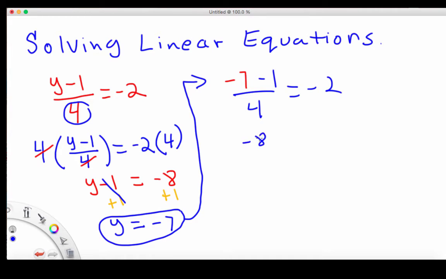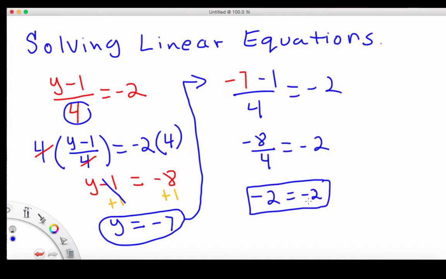It's -8 over 4 equals -2. I'm hoping that -8 divided by 4 equals -2, because if it does, that's the same thing as the right side of the equation, and it's telling me yes, it is a solution. So -8 divided by 4 is -2, equals -2. Yes, it is. Some of the work in the Pearson textbook is going to tell you to check for the solution. This is the way you do it. I'll give you guys a smiley face.